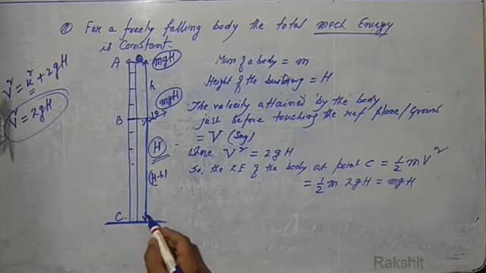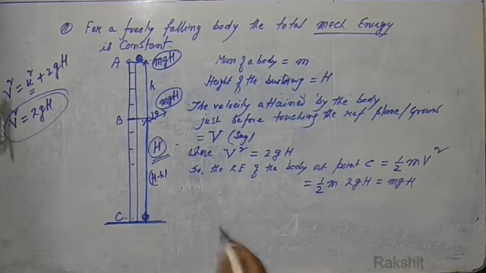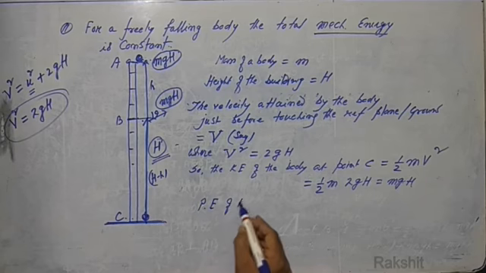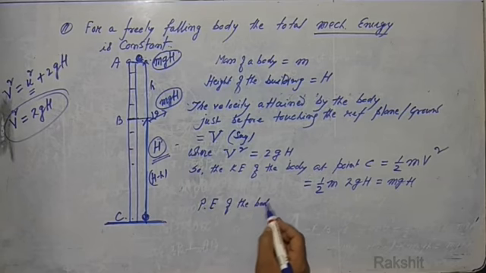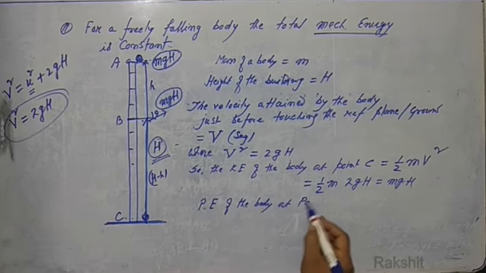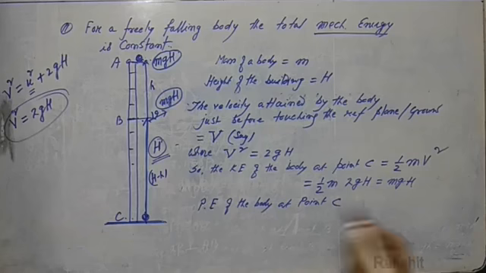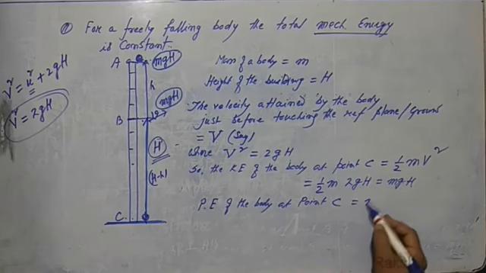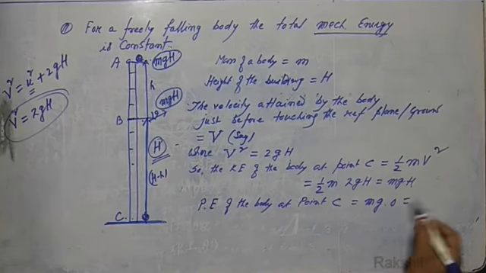And just before touching the ground, at this point, the distance between the ground and the body is equal to 0. So the potential energy of the body at point C is equal to mg into 0, which is equal to 0.